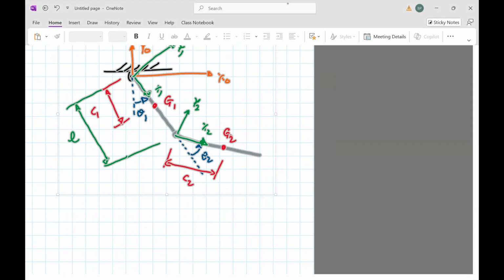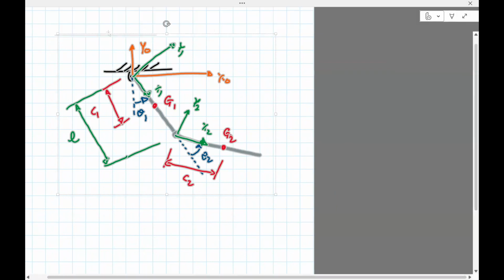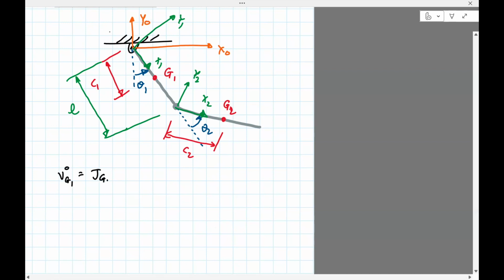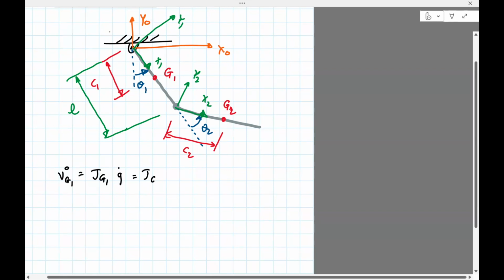Okay. So now let's write down the formulas which will help us identify what we actually need in order to do this computation. So we want to compute the velocity of g1, which we saw was simply the Jacobian of g1 times q dot, right? So Jg1 times q dot, which is theta1 dot, theta2 dot.